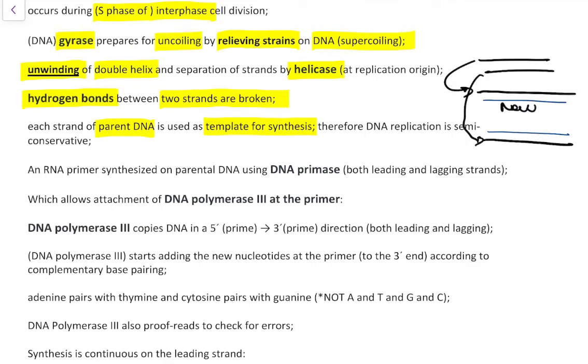So this was semi-conservative replication. In order for DNA polymerase 3 to bind, we had to have an RNA primer to make it double-stranded. So primase, or DNA primase, makes a short RNA primer on both the leading and the lagging strands, allowing our DNA polymerase 3, our building enzyme, to bind at the primer.